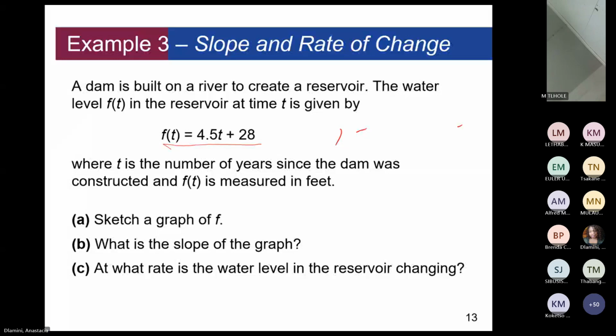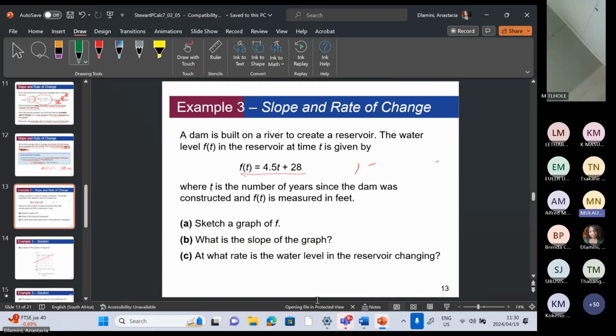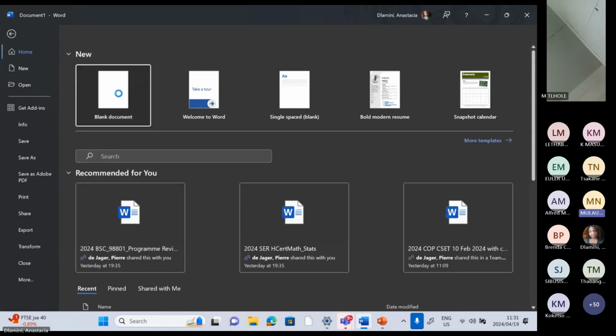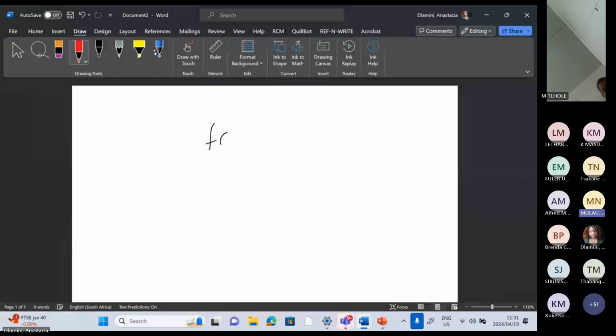Now sketch a graph of f. Guys, do you know how to sketch a straight line? Yes, ma'am. We let f of t equal to 0 and solve, and then we let t be 0 and solve.